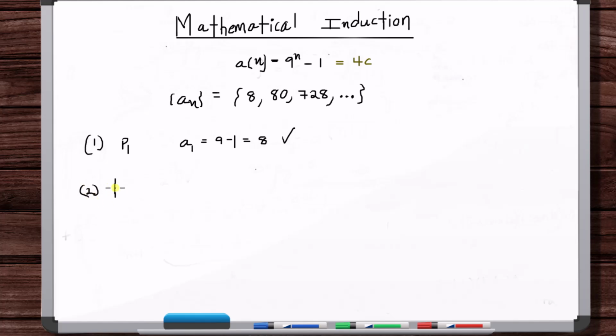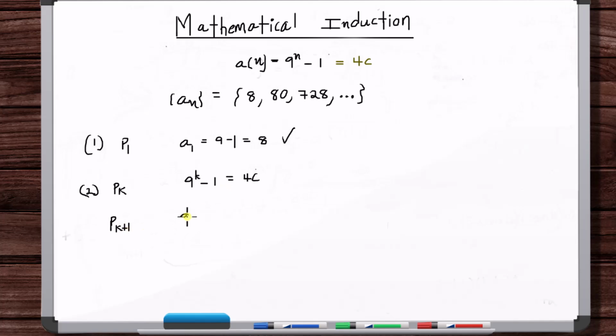Now assume that p sub k is true, which means that 9 to the k minus 1 is equal to 4c. Assuming that's true, if we have p of k plus 1, can we prove that it's true?